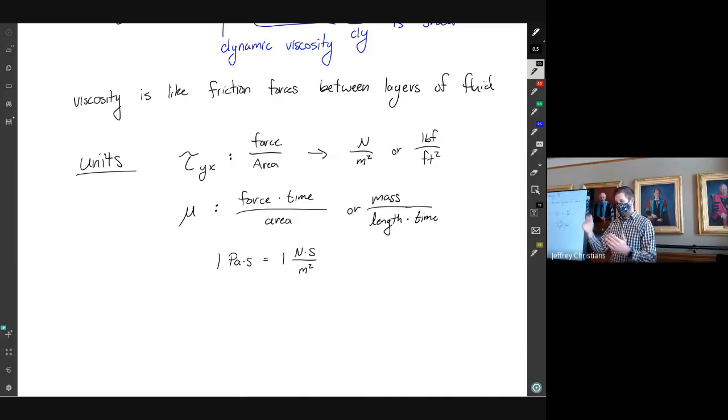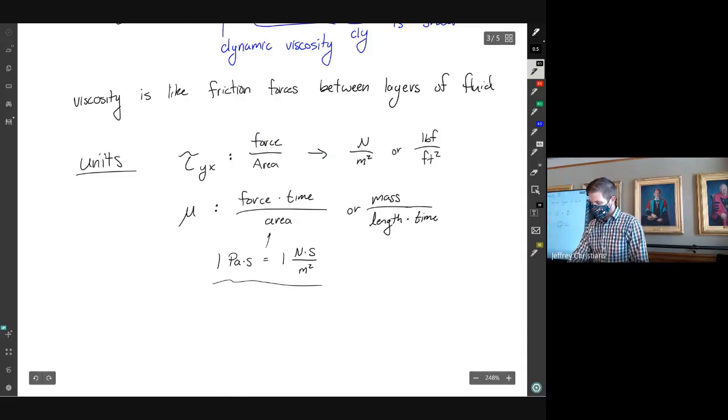So these are two equivalent things in that first version of viscosity.